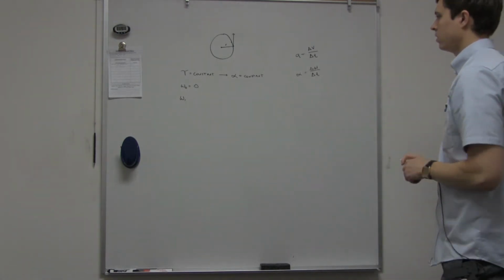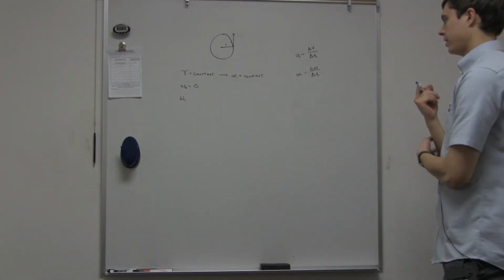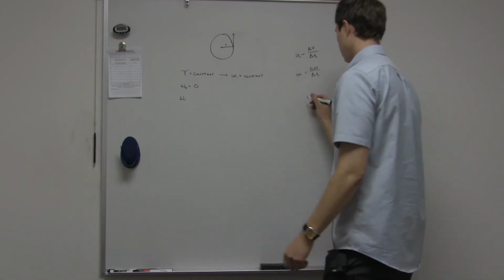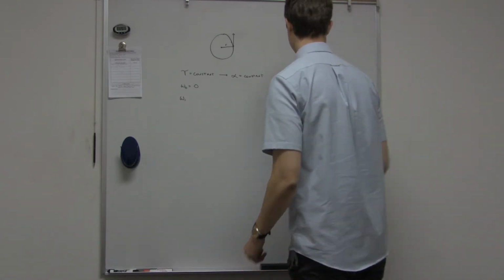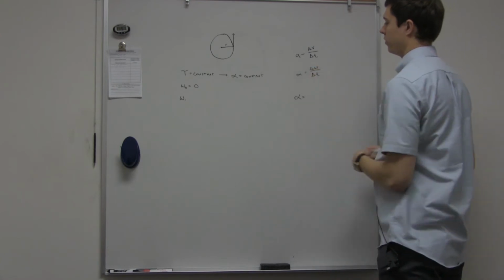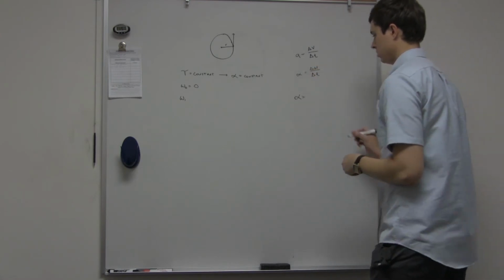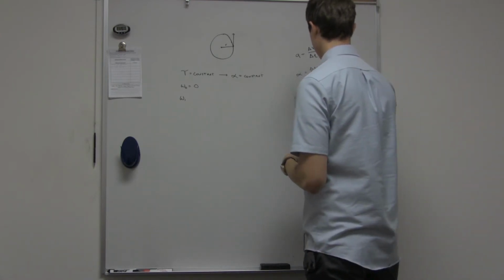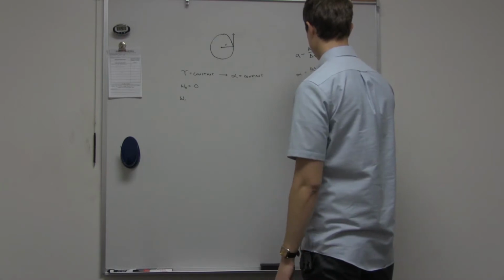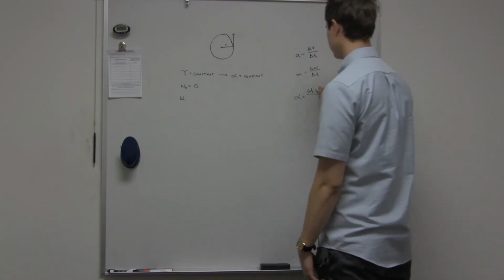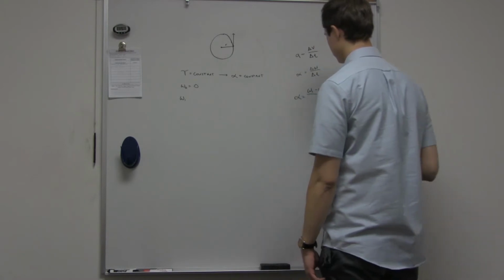Okay. So in this particular case, we know that change, or delta, always means final minus initial. So we want to take our final, which is omega sub 1, minus our initial, which is omega naught.